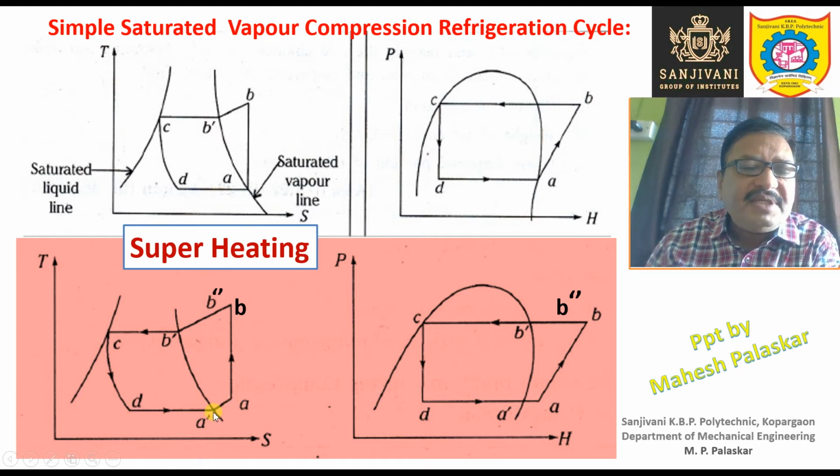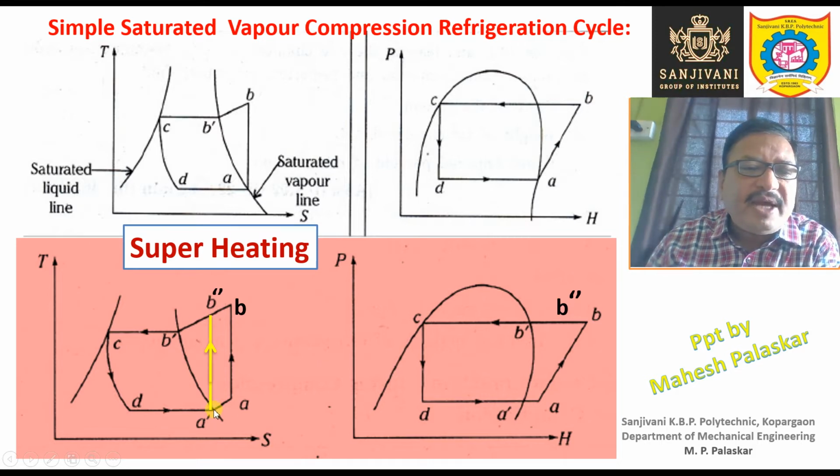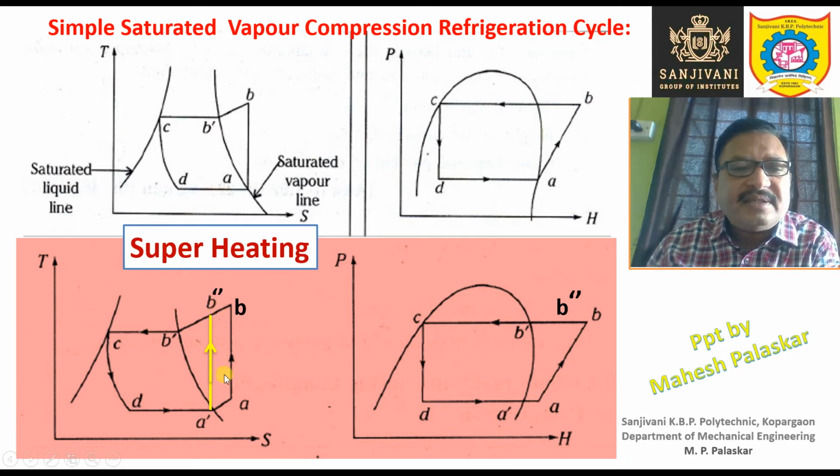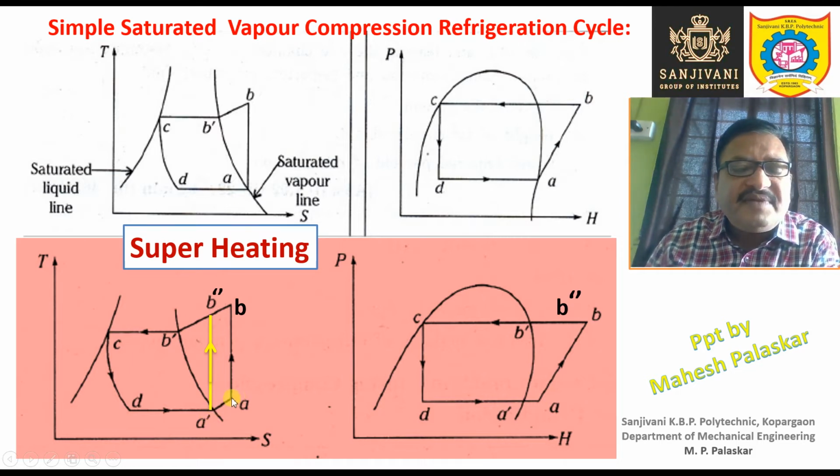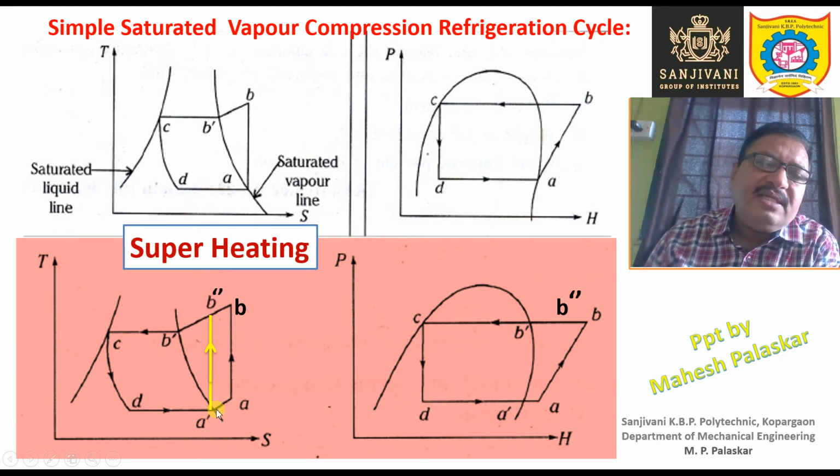So the refrigerant which is entering the compressor, instead of entering at point A dash, will enter at point A. Shown by the yellow color is the compression when the cycle is simple saturation. But in case of superheating, you will find that the condition of the refrigerant entering the compressor is slightly changed from A dash to A. So the condition of the refrigerant vapor which is entering the compressor will not be saturated, but it will be superheated.